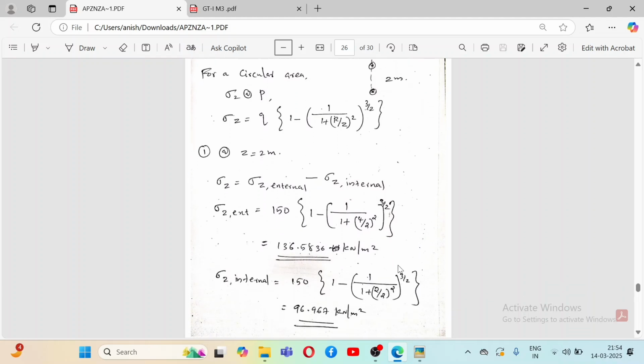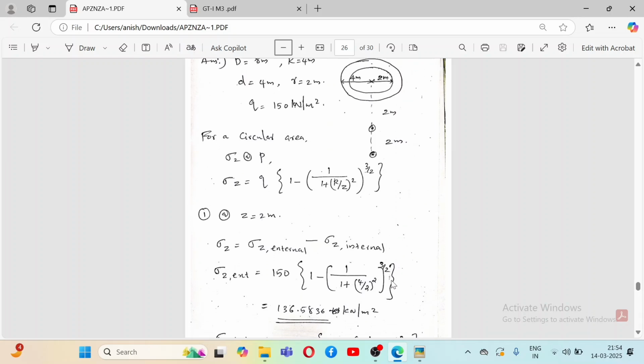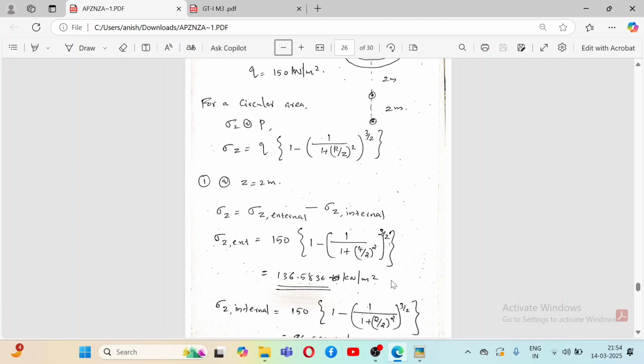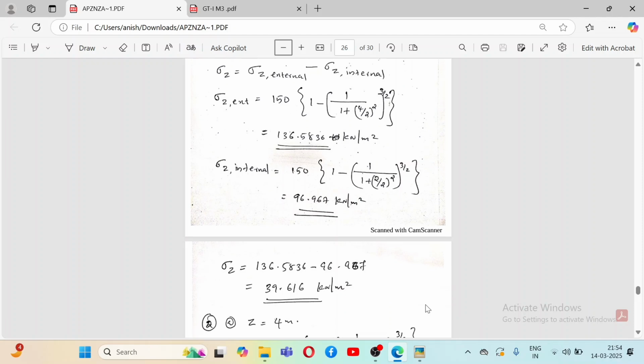So you get the answer here as 136.58 kilonewton per meter square. And then you take internal vertical stress: 150 multiplied by 1 minus 1 by 1 plus 2 by small r, 2. Right. 2 divided by 2 whole square whole to the power 3 by 2. Okay, you get the answer as 96 kilonewton per meter square.